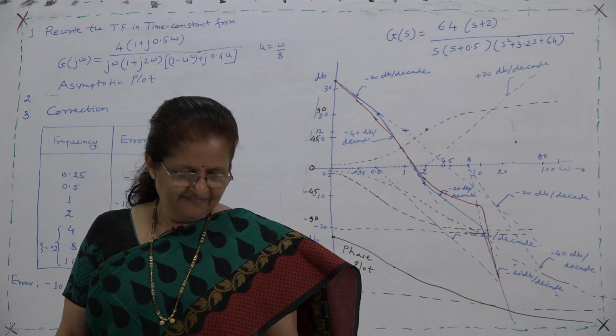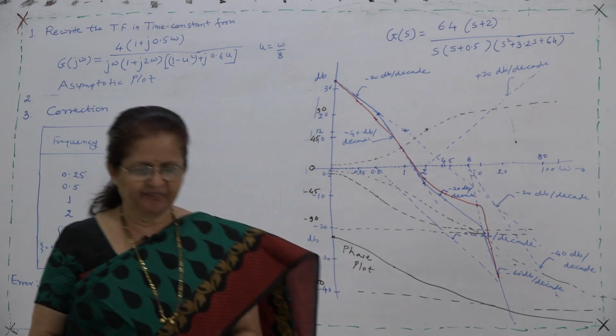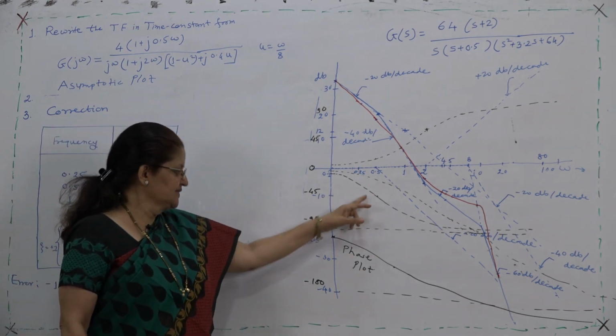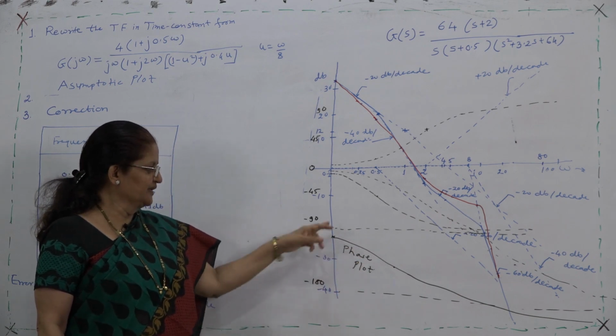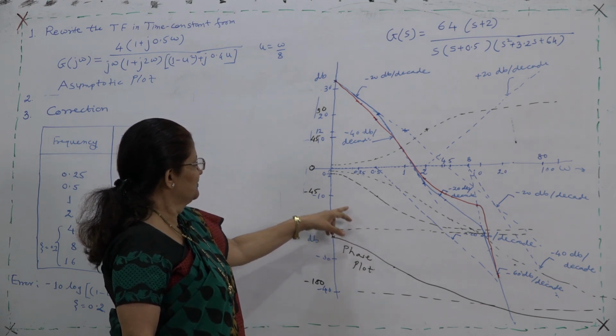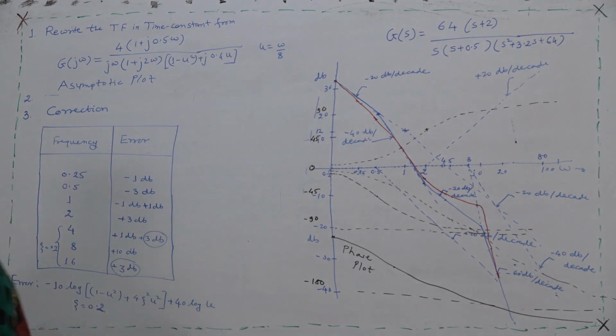Now, while drawing the phase plot, what we have seen is that you draw each term separately, as well as whatever the 4 terms are. For 4 terms you will get 4 values and then you connect them. But what is the problem here?